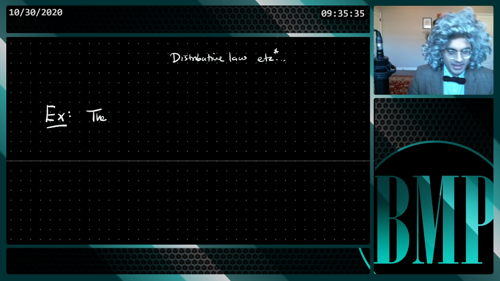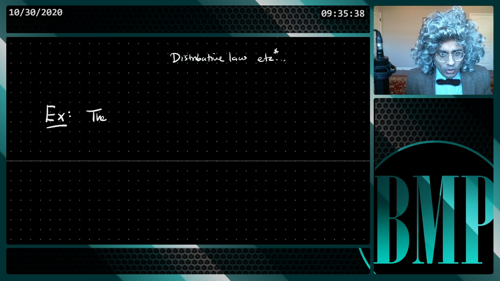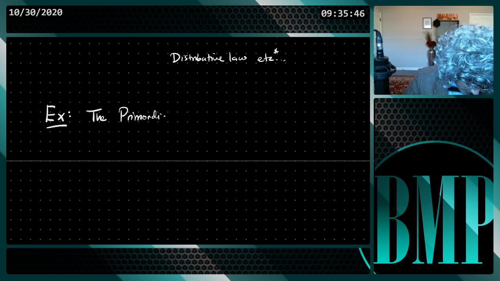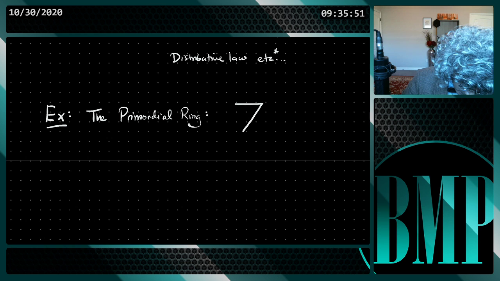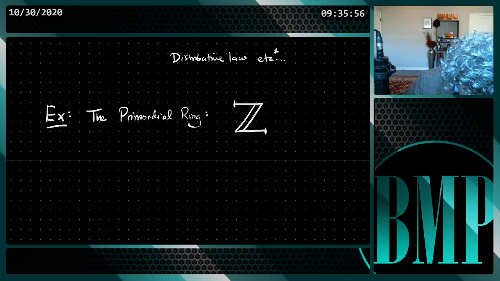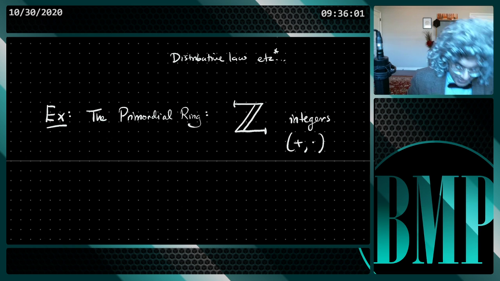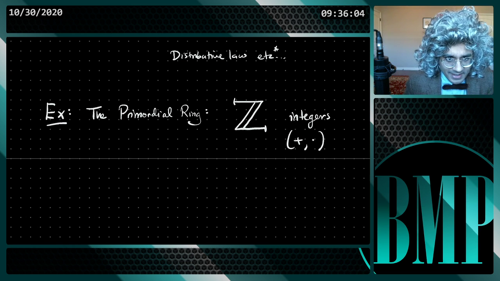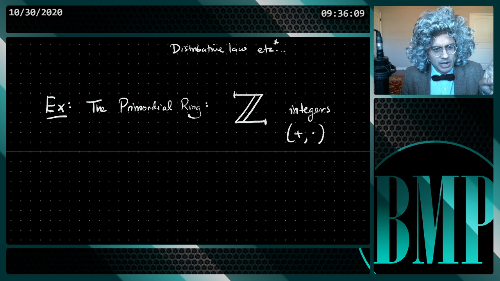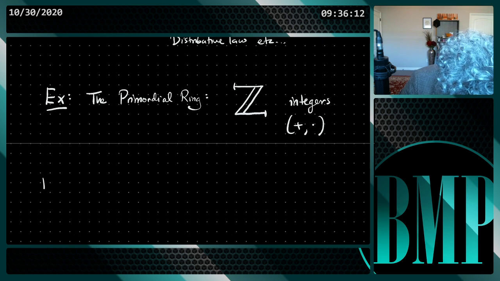The sort of prototypical primordial example: the integers, with addition and times as the two operations that create the ring structure. Okay? Primordial example.